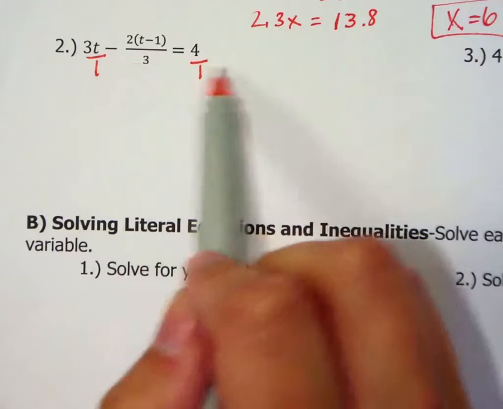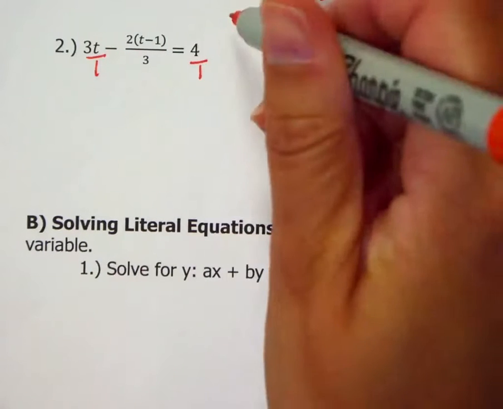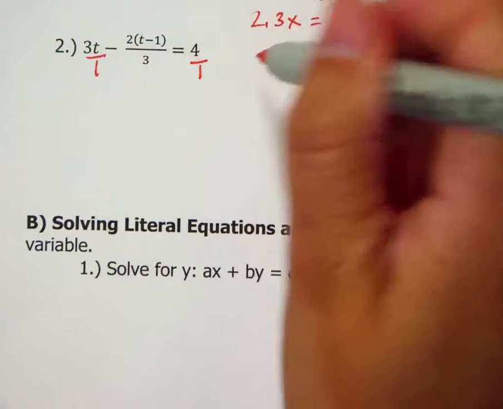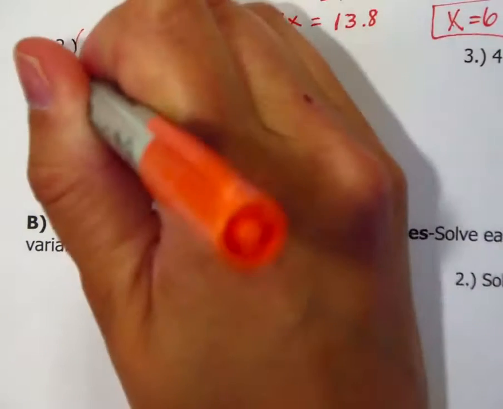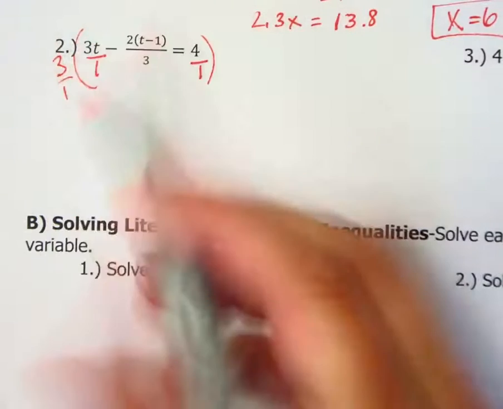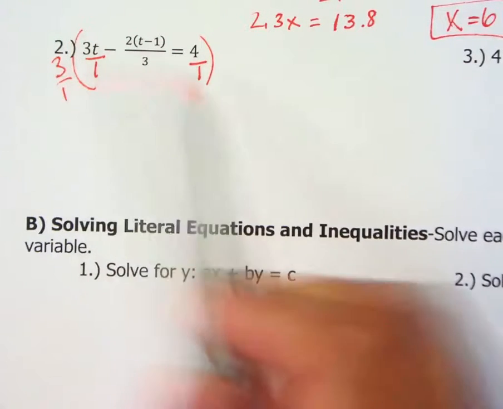From here, we can clear our denominator by multiplying through everything by 3. And again, I'm multiplying by 3 over 1, so only those numerators really get multiplied.